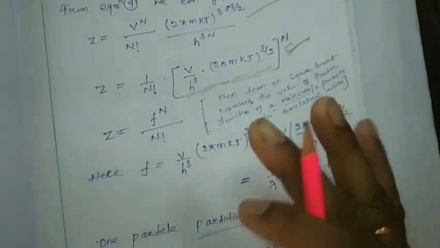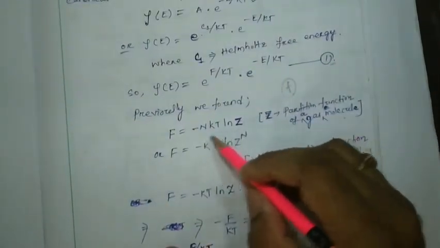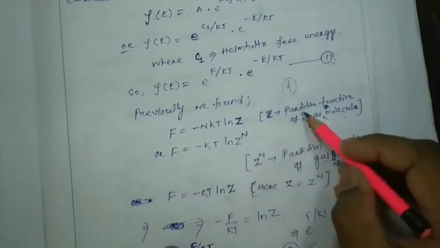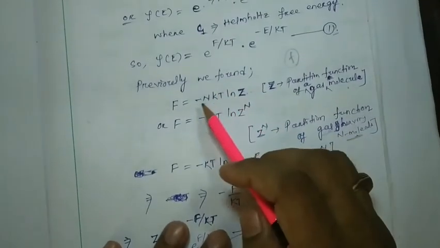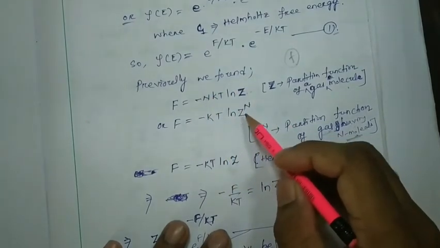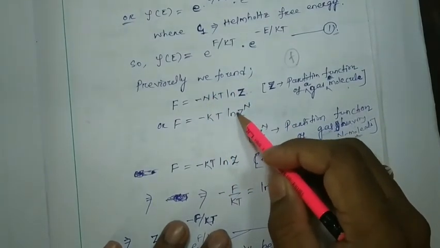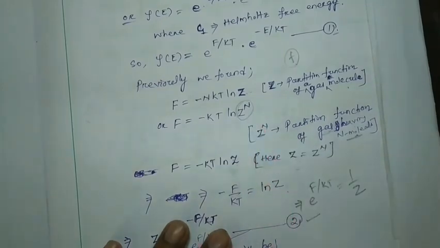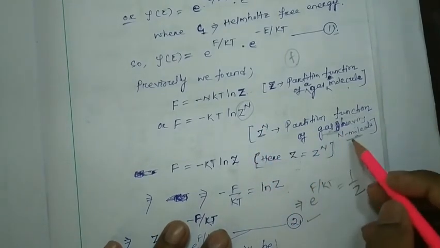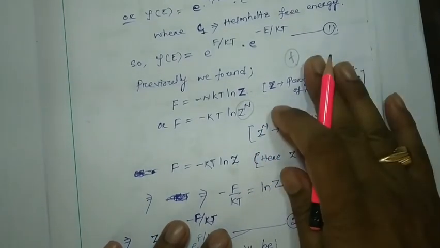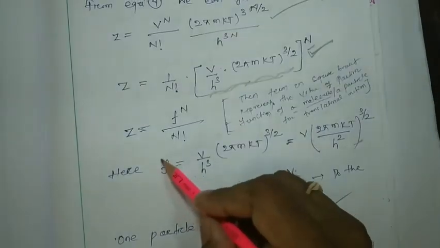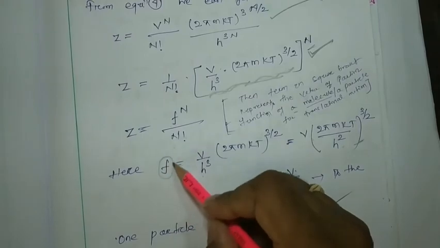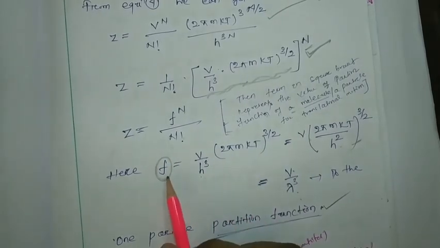Don't be confused: in this expression Z represents the partition function of a gas molecule, but if I take this n here, this is nothing but Z to the power n. Z to the power n represents the partition function of a gas having n number of molecules. The same thing is written in another format here: for a molecule it is represented by small f.